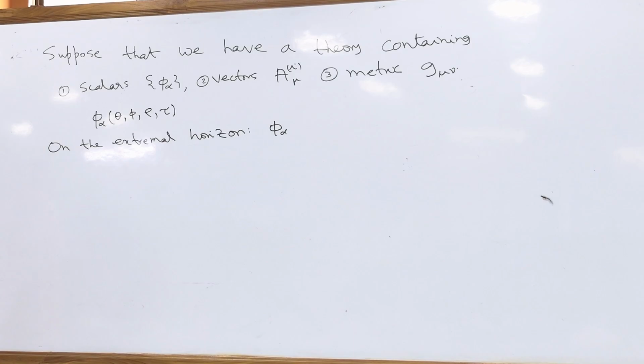What form can phi alpha take? Let's first look at the sphere, dependence on theta and phi. Suppose we demand that phi is invariant under the SO(3) symmetry. Can you say anything about what kind of dependence phi can have on theta and phi?